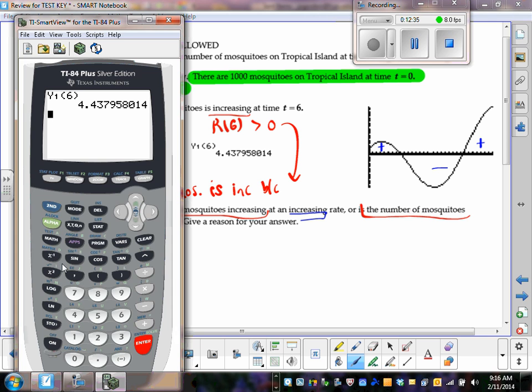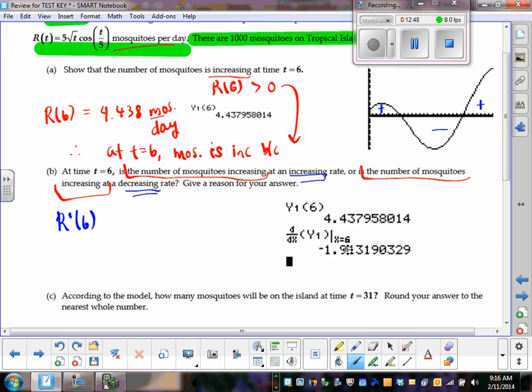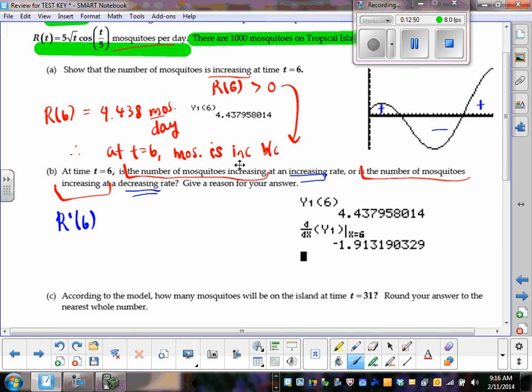With my calculator, I'm going to do the derivative of y1 at 6. Now think about this as whether or not we are speeding up or slowing down, so we're going forward faster or slower. Okay, r prime of 6 is negative 1.913.